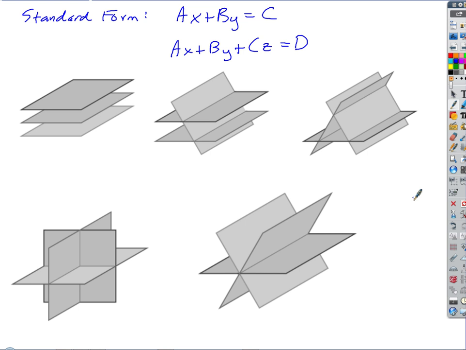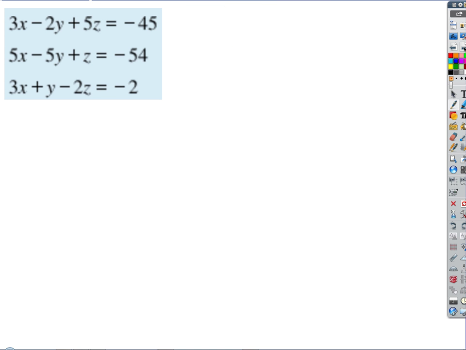Well, where a linear equation in 2 variables represents a line, a linear equation in 3 variables represents a plane. And so if we look at a system of 3 linear equations in 3 variables, and we want to find the solutions to that linear system, here's an example of one.